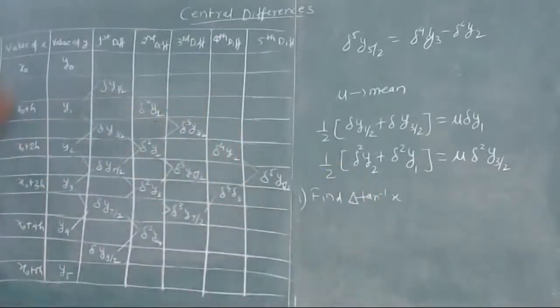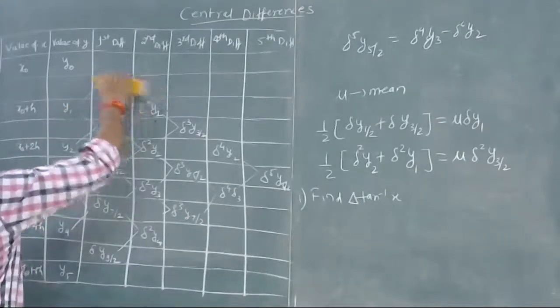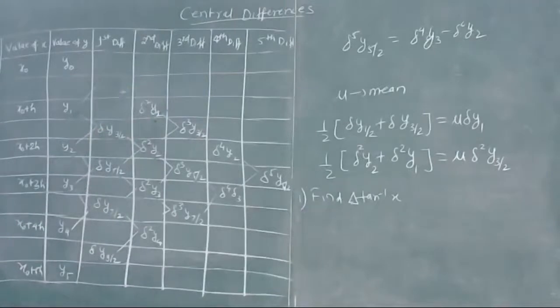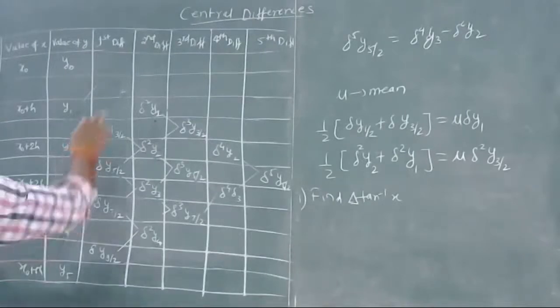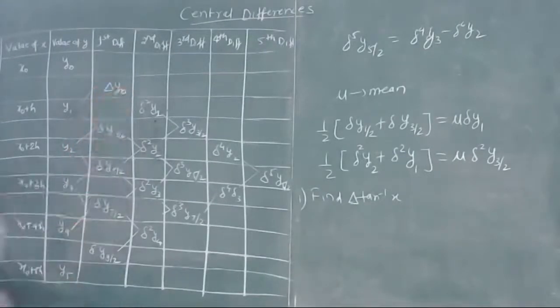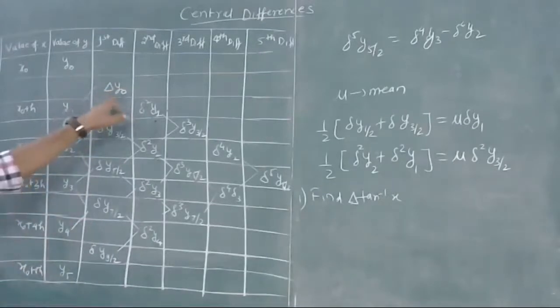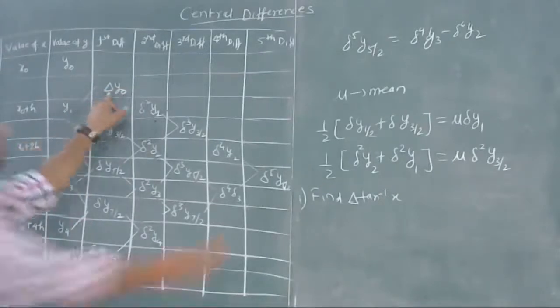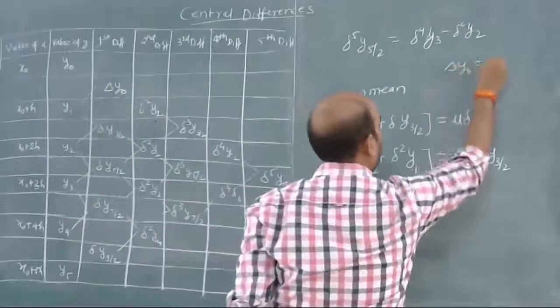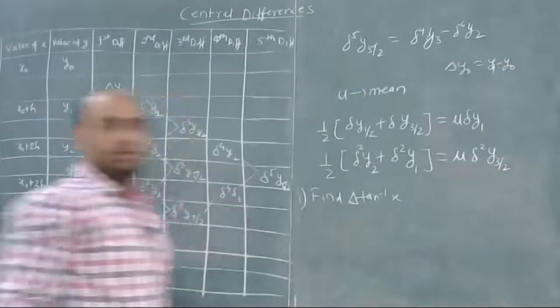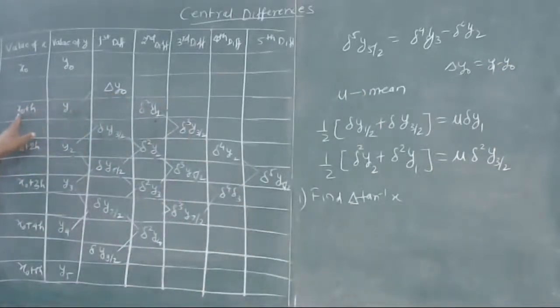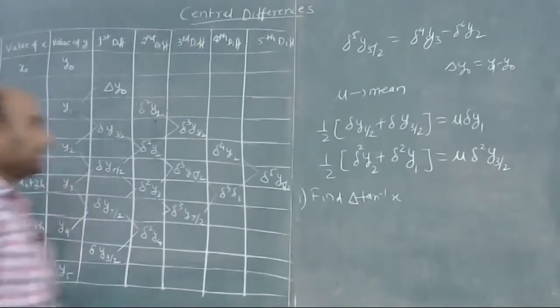In the forward difference table, we have seen delta y0 is given by y1 minus y0, and the value of y1 is at x0 plus h, while y0 is at x0. So we are increasing the value of x by a small step h.